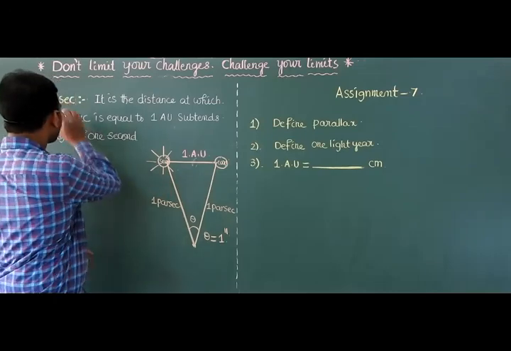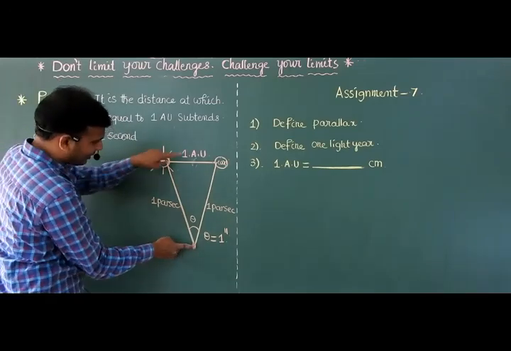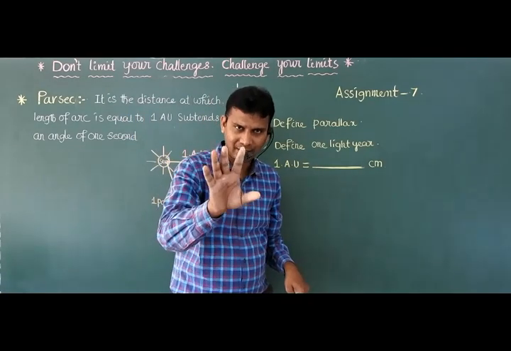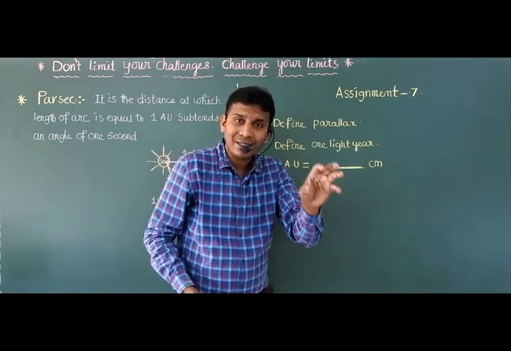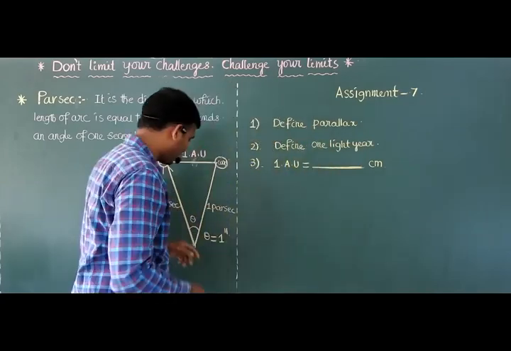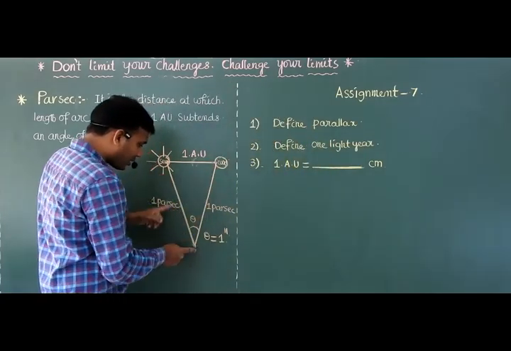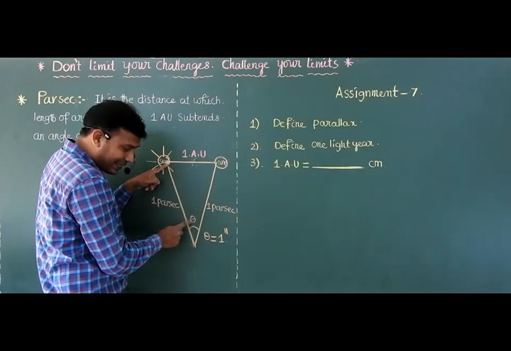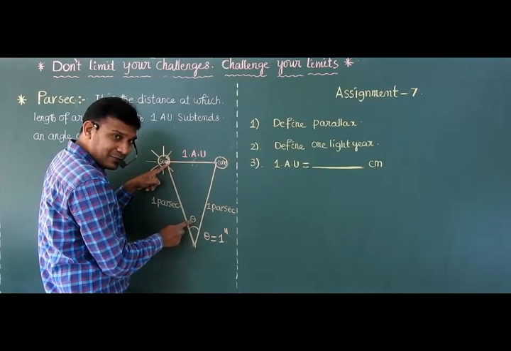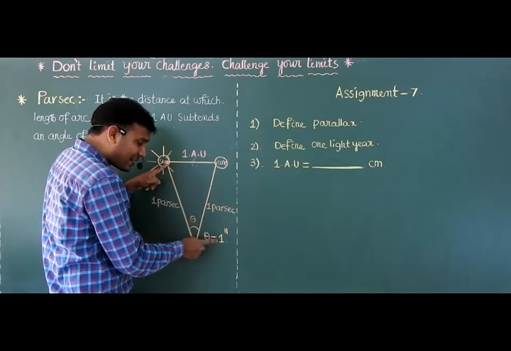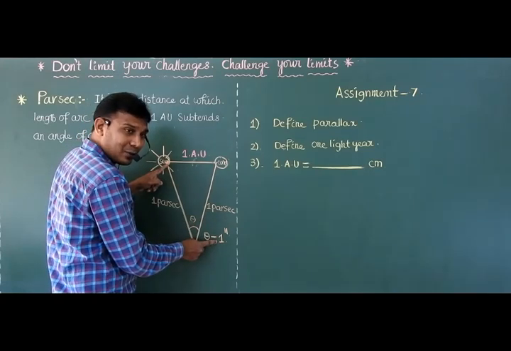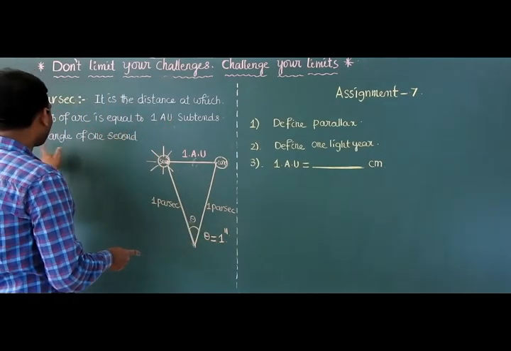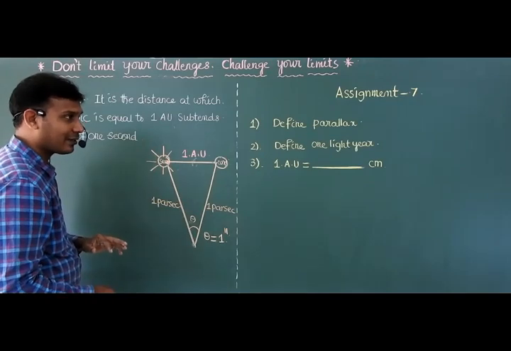Now how to define this parsec? When the distance is said to be a parsec, listen carefully. At this distance, the angle subtended is equal to an angle of 1 second of arc.